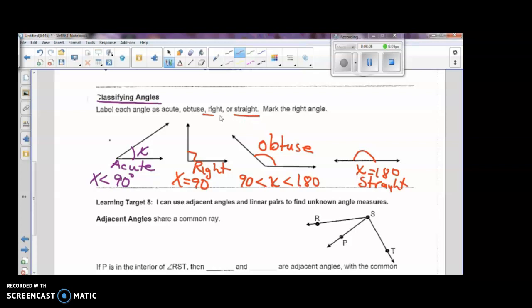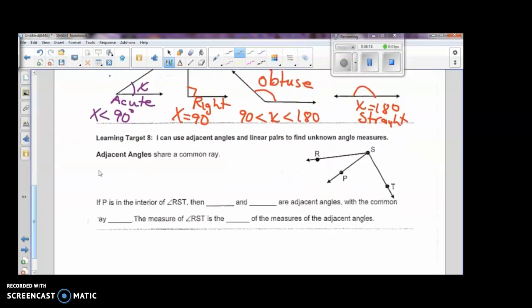You will occasionally see straight angle used. If x is more than 180 degrees, we don't really go into that much in this course, at least not until we get to circles, but we will cross that bridge when we come to it.